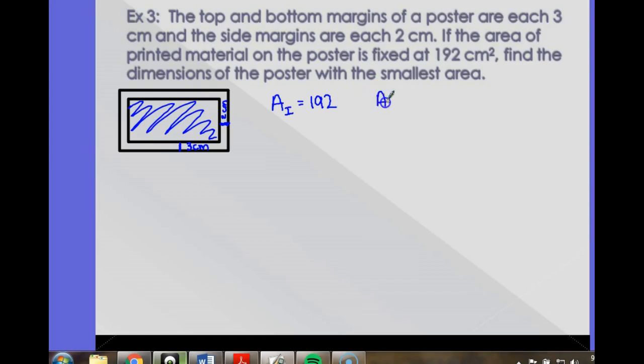So we are trying to minimize the area of the outside. We have a minimum area on the inside, and the margins that have to go with the poster. We want to minimize the amount of paper used. So what could you do to label that drawing to get to that idea? What could you do?